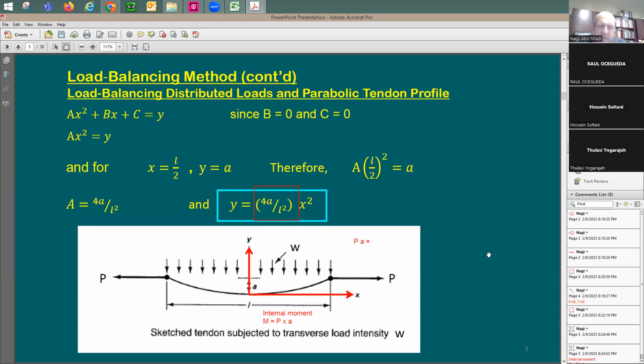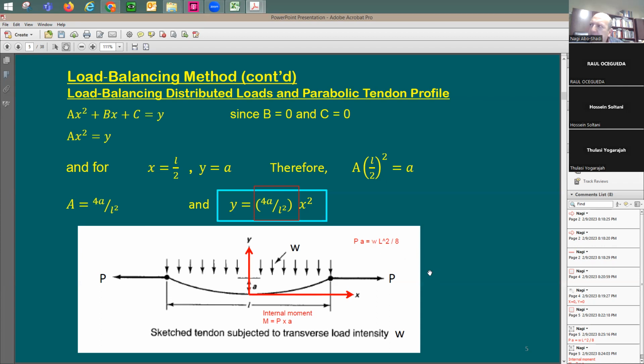Equals to, what's the external moment if you have a uniform load like this? Do you know the equation for it? W times L squared divided by 8, right? And let me put this just to be sure that no one's confused. Correct? Now, if I need to balance this, this is going to be the internal moment, and it's going to be the external moment.